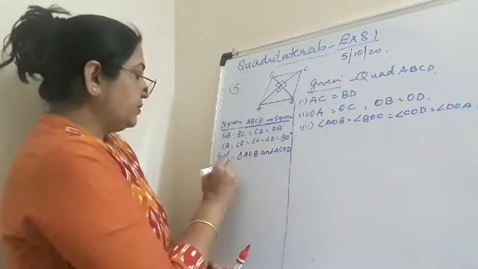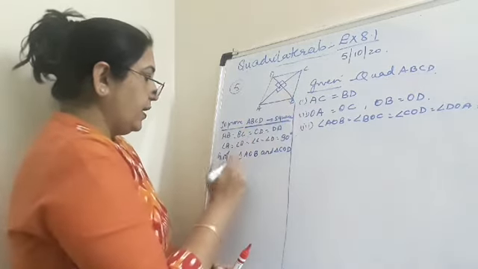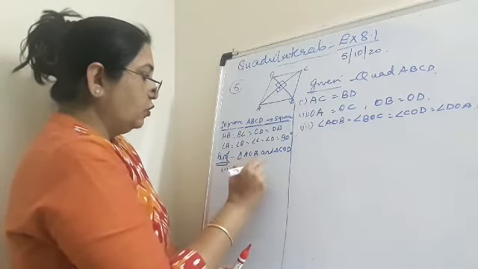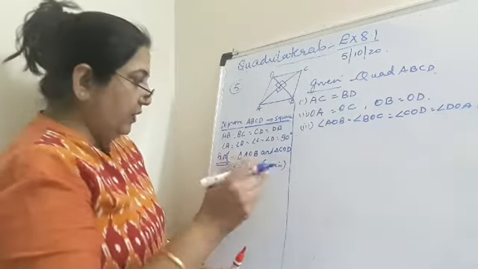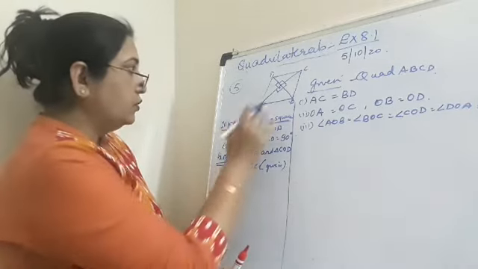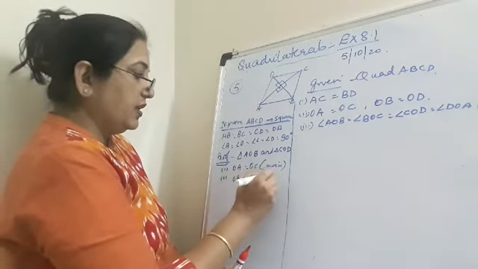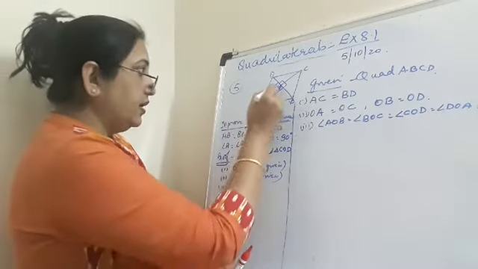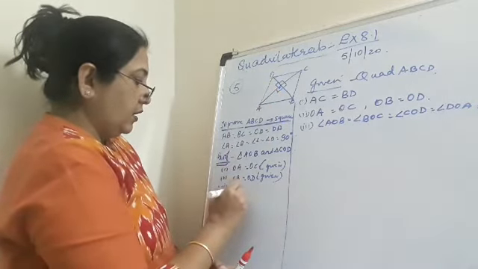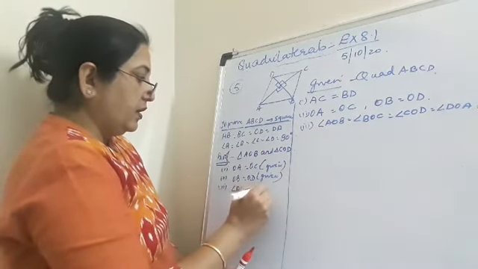First part. We know that in these two triangles, OA is equal to OC, which is given. I hope you can see. And number 2, OB is equal to OD, which is also given, that the diagonals are bisecting each other. And the third point is angle AOB is equal to angle COD.